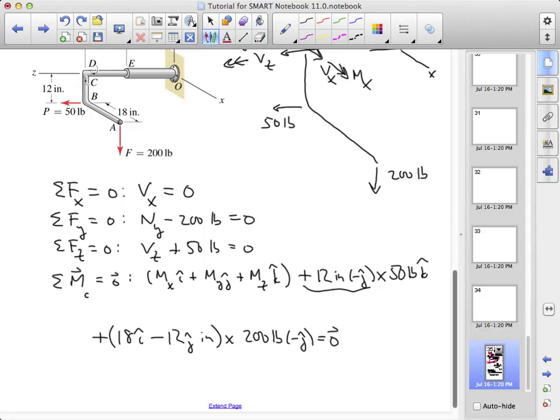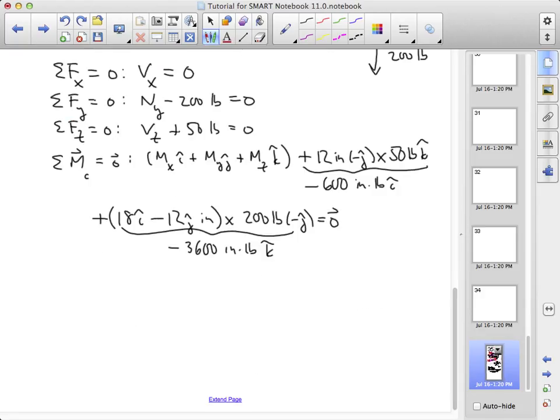Now we just might note here, J crossed into K is I. This is going to end up being minus 600 inch-pounds in the I direction. Down here, J crossed into J will yield 0. I crossed into J will yield K. And we have minus 3,600 inch-pounds in the K direction.